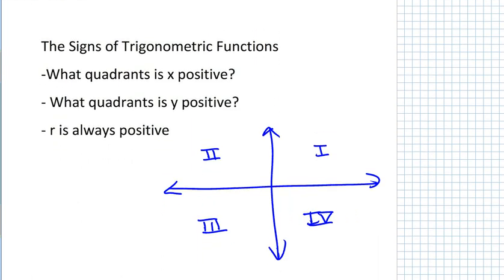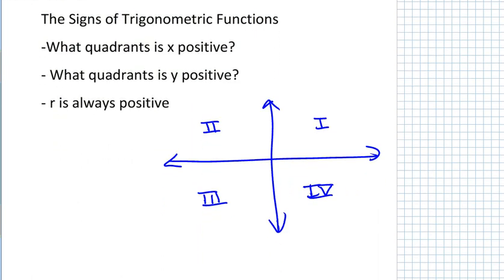Now, it helps to know the signs of the trigonometric functions, like whether they are positive. So let's look at the coordinate plane again and ask ourselves, in what quadrant is x positive? Well, remember, x and y are both positive in the first quadrant. X is negative, y is positive in the second quadrant. They're both negative in the third, and x is positive and y is negative in the fourth.